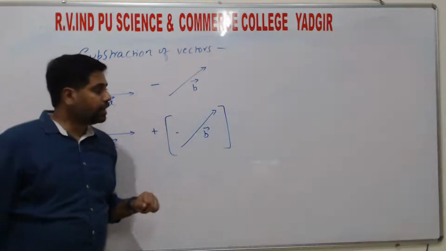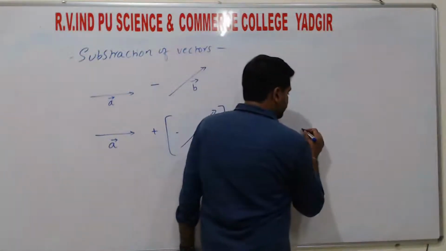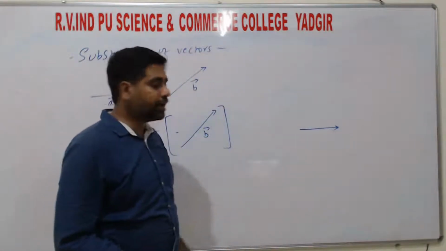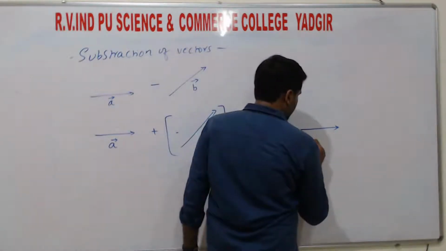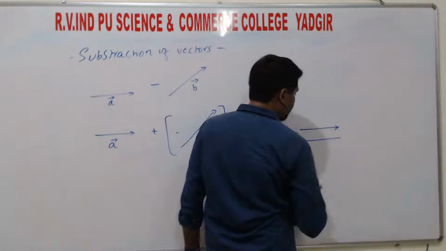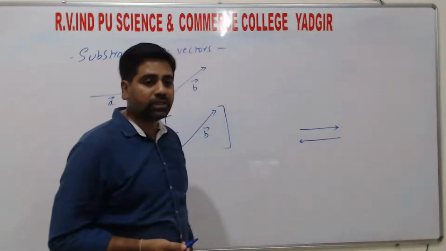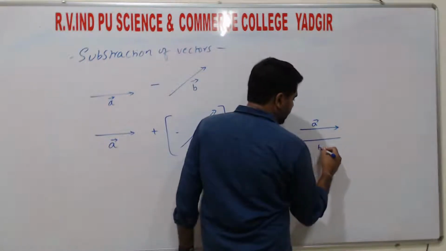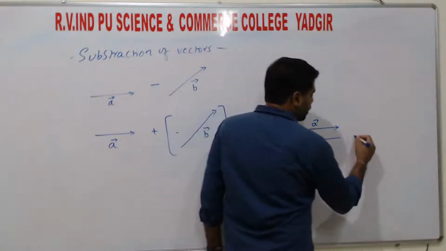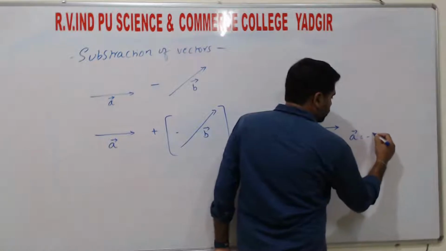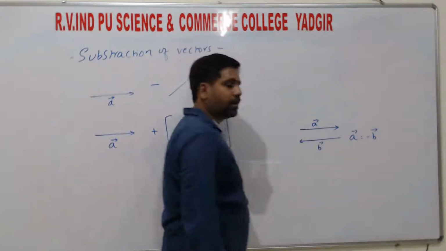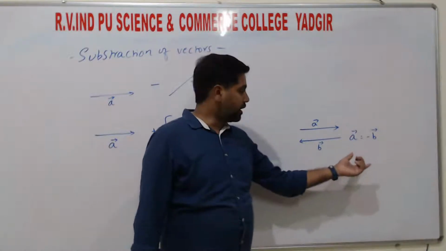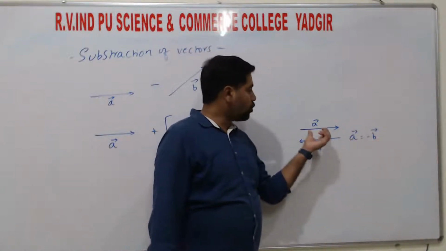As we studied, unlike vectors are two vectors having equal magnitude but opposite in direction. If we call this one vector A and this one vector B, then we can write vector A is equal to minus vector B. So this one is also called a negative vector.